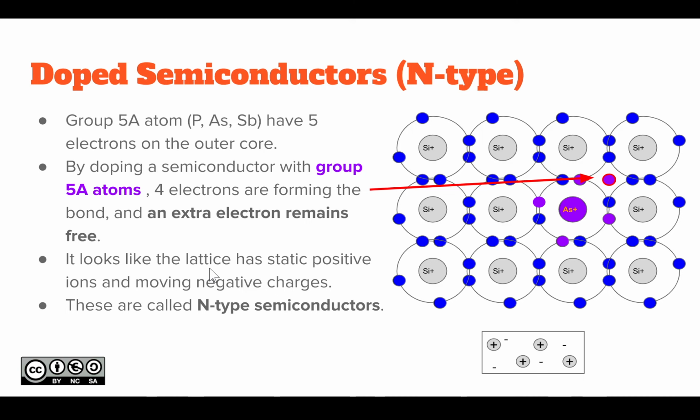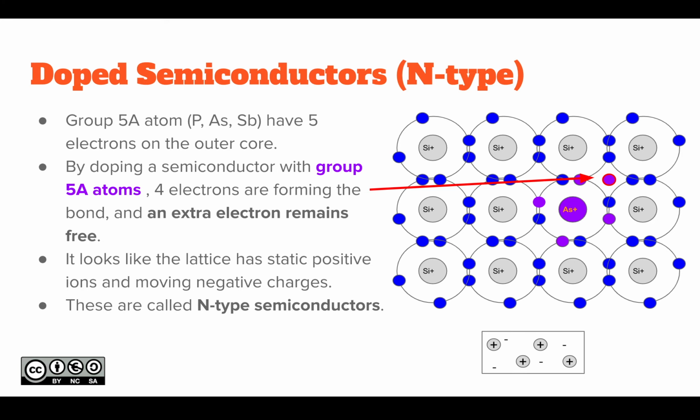If you put this in the silicon, a single atom here and there, what happens is that the arsenic ion on this lattice has 4 of those outer core electrons on the bond, and then you have 1 free extra electron.